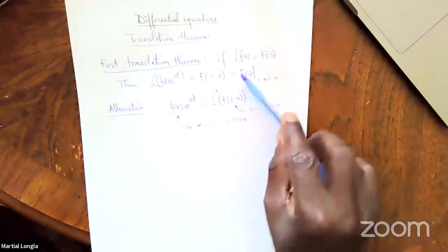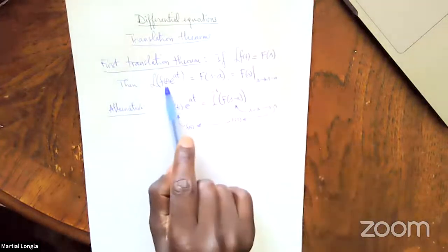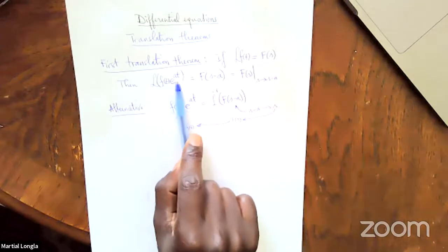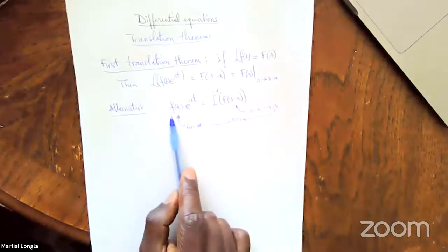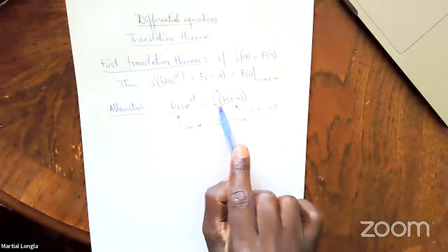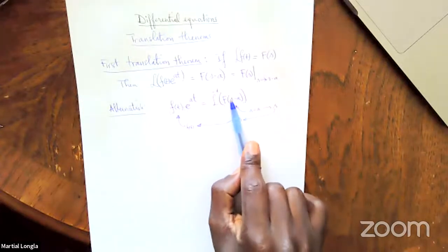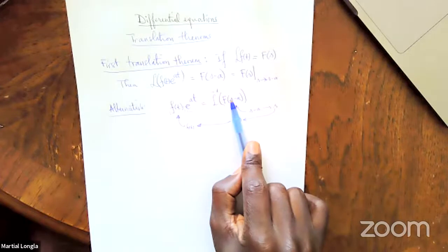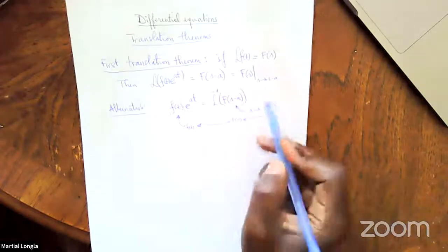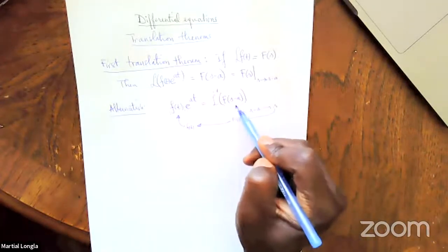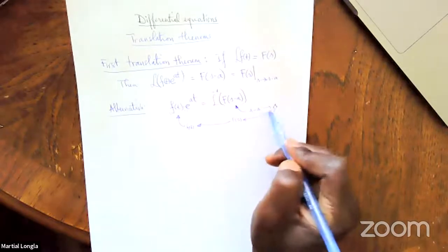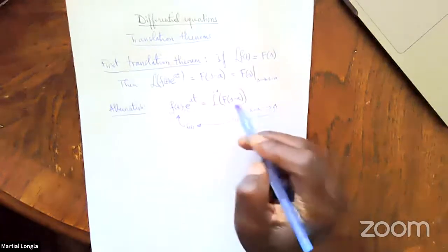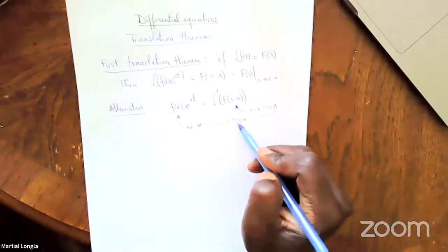So we use it forward to find the Laplace transform of f of t e to the at as F of s minus a, and we use it backwards to find the inverse Laplace transform of a function when we suspect that there is translation. So we create that translation by replacing s minus a by s to have F of s.